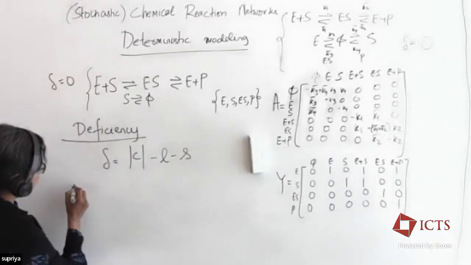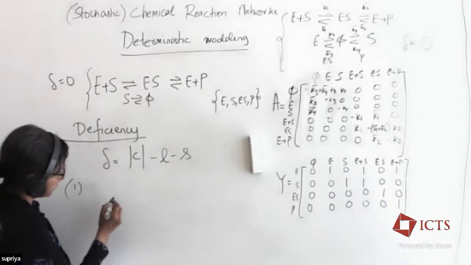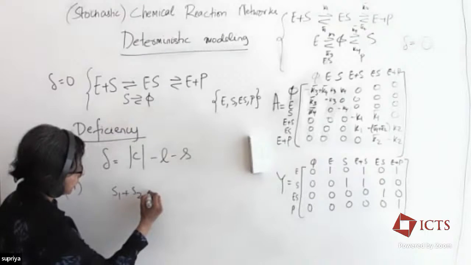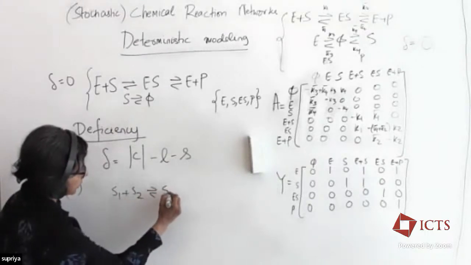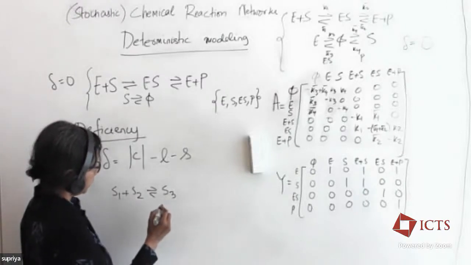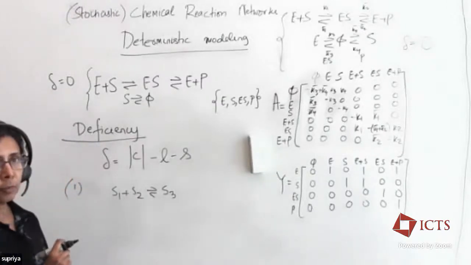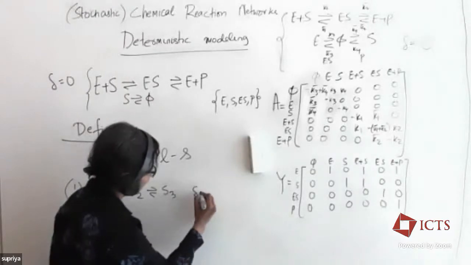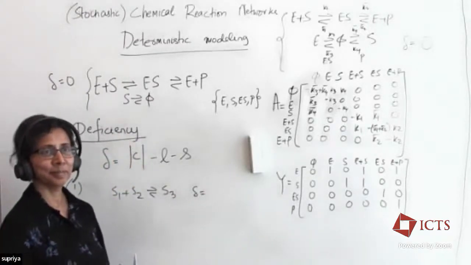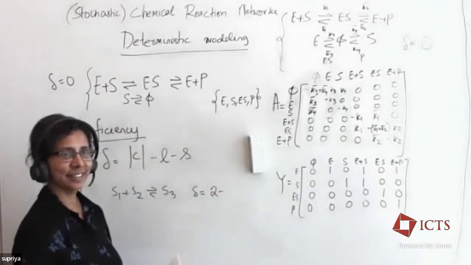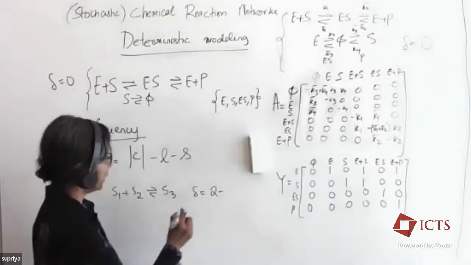Okay, so let's run through a few more examples, just simple ones. We'll also look at our zero range process. How many complexes? 2. How many linkage classes? 1.